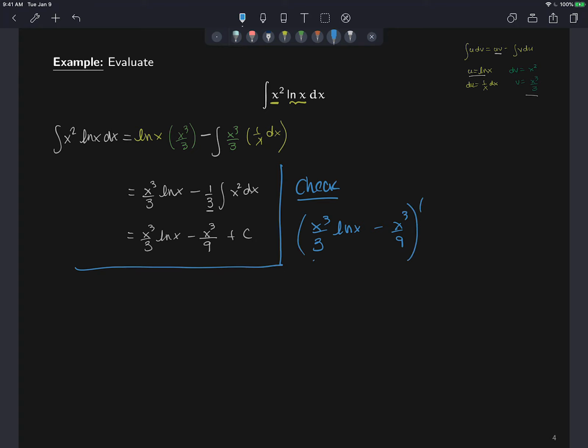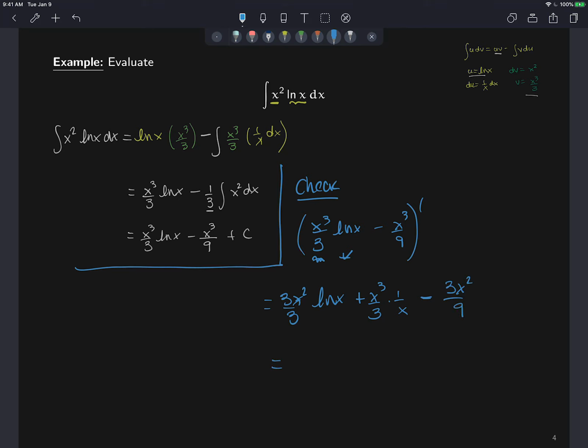Now in the first part, I have a product rule. So the derivative of x cubed over 3 becomes 3x squared over 3 times the natural log of x, and then do the product rule. So now it's going to be x cubed over 3 times the derivative of natural log of x, which is 1 over x. And over here, I'm going to find the derivative of x cubed, so it becomes 3x squared over 9.